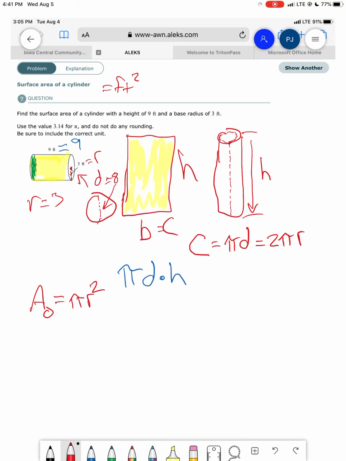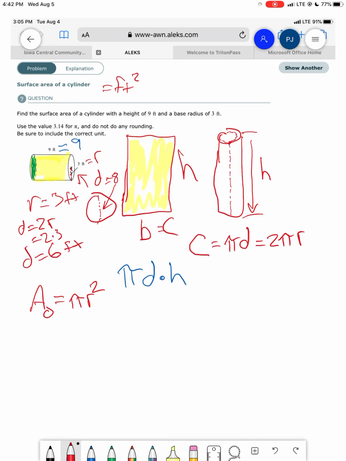In our problem, the dots go halfway across, so that's my radius, which means my diameter is 2 times my radius, which is 2 times 3, which is 6. This is feet, so I have 3 feet for my radius and 6 feet for my diameter.